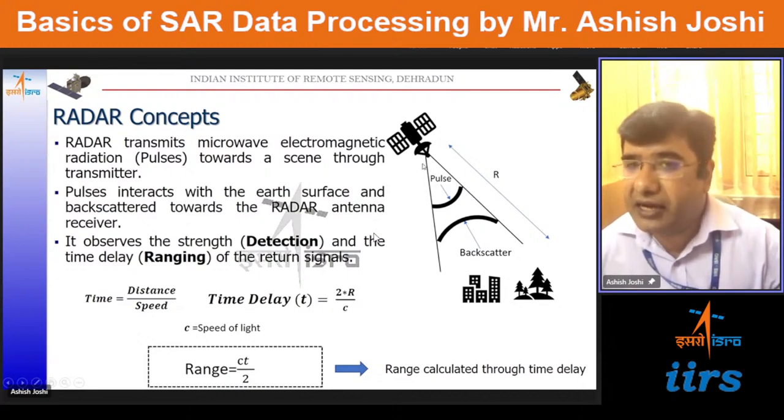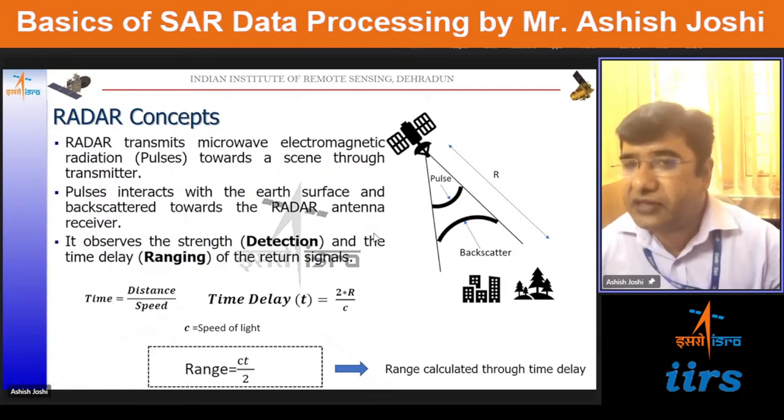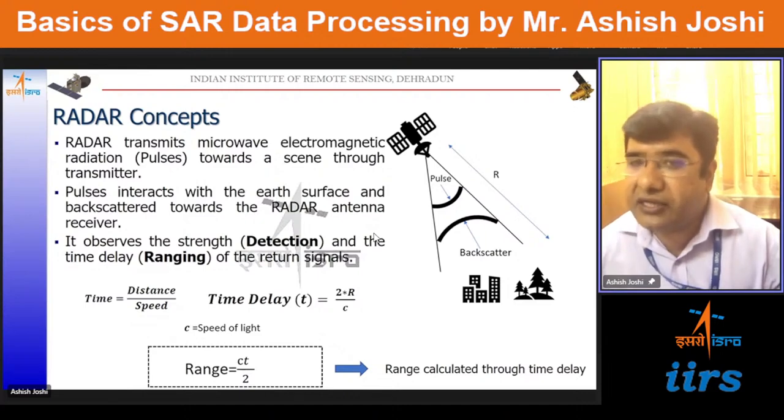Because SAR is an active sensor, it knows when it is transmitting and when it is receiving, so the radar knows the time delay: at what time the pulse starts and at what time it ends. From this time delay, it will calculate the range. So this radar is a ranging instrument.